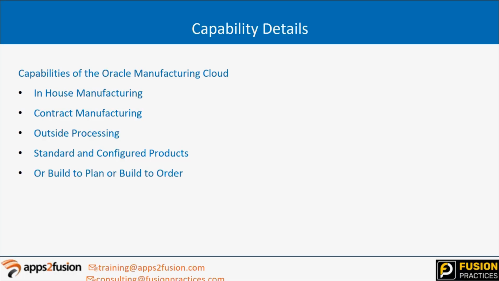Configured products typically are where a customer can choose from the options inside an ATO model. A very classic example of an ATO model is your laptop or your desktop computer, wherein you can choose what processor you want, how much memory you want, what the screen size is, what the RAM is, and the hard disk space.